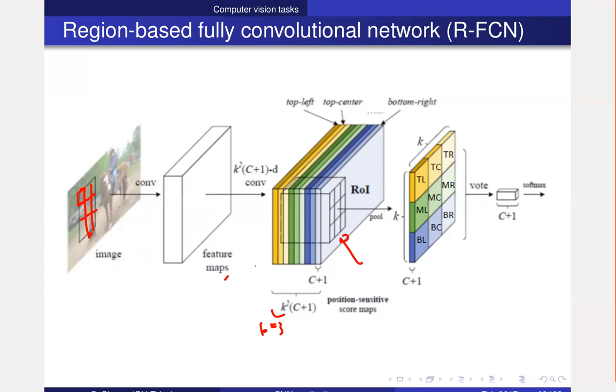So therefore you see that if I pool each of them separately, I have k squared, which is basically 9, times the number of classes plus one. The plus one is the background basically.